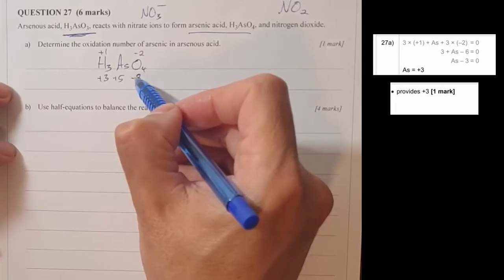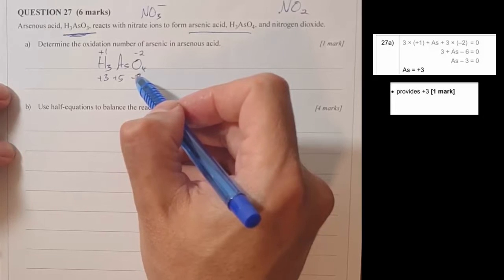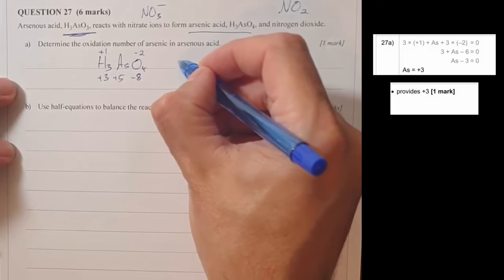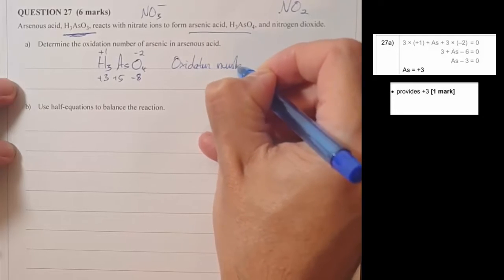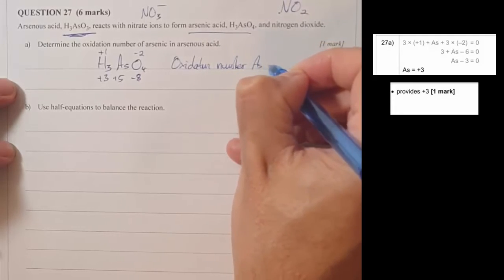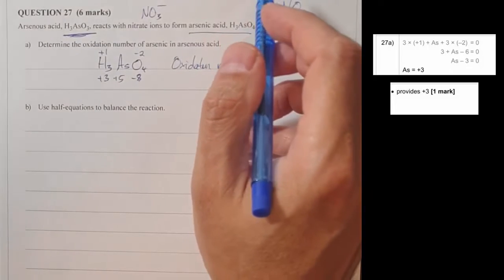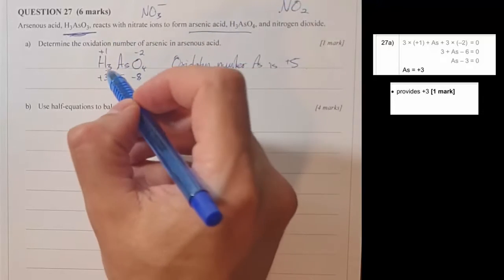Should be +5. So 3 plus 1s, -4. So the arsenic should be oxidation number of As is +5. Now, going to the mark scheme, it has 3 times +1.